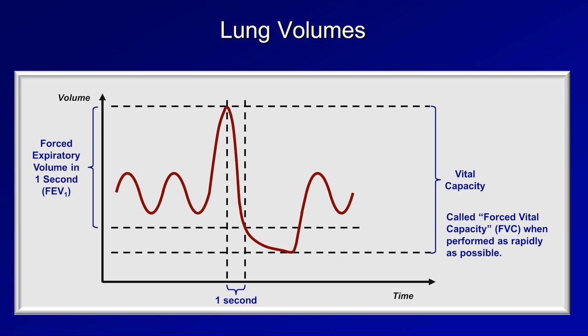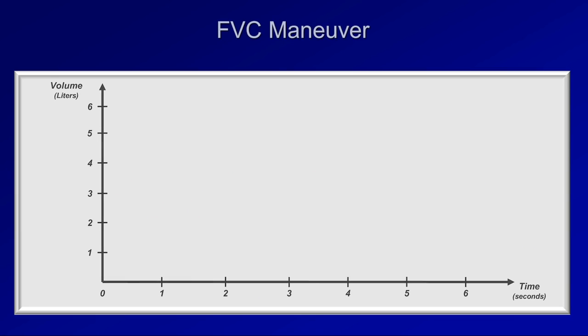Let's look at the FVC and FEV1 from a slightly different perspective. This graph of exhaled volume as a function of time will be more typical of the graph actually produced by the modern digital spirometer. Once again, the patient starts with a full maximal inspiration and then exhales out as quickly as possible.